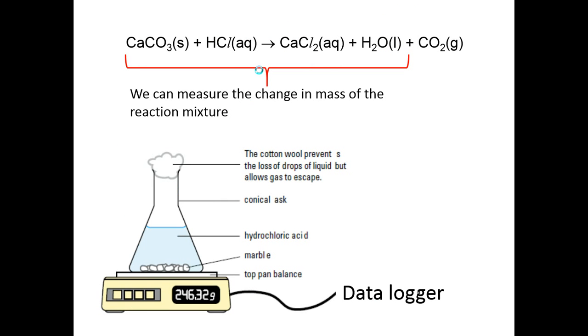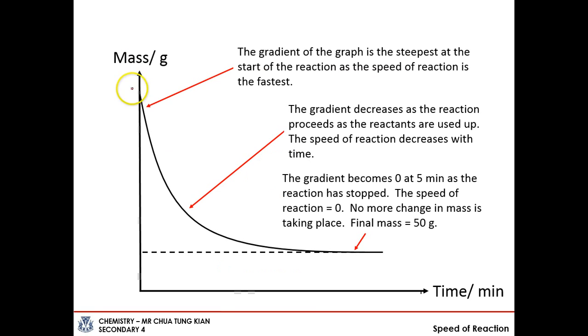As earlier mentioned, we can measure the change in mass of a reaction mixture by putting the whole setup onto a weighing scale, and we will get a graph similar to this shown here. You notice the graph shows that the mass is decreasing. Again, initially the gradient is the steepest. Steepest gradient means that the rate of reaction is the fastest.